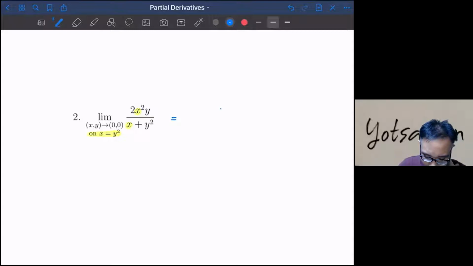So this one is going to be 2 times y squared, squared. So this guy is the yellow guy, multiplied with y. And you have this thing over x, which is y squared plus y squared. So you're allowed to combine the bottom guy.